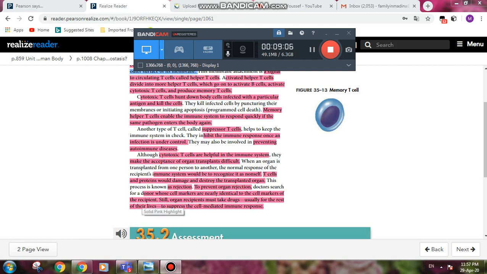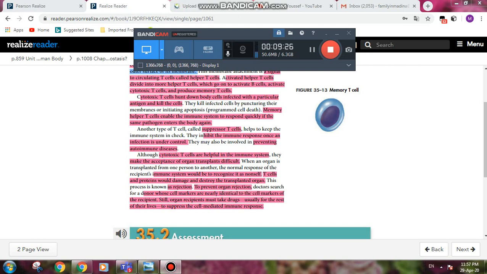Why? Because of course the immune system would recognize the transplant coming from outside as non-self, as other. So the T cells would damage this transplanted organ.